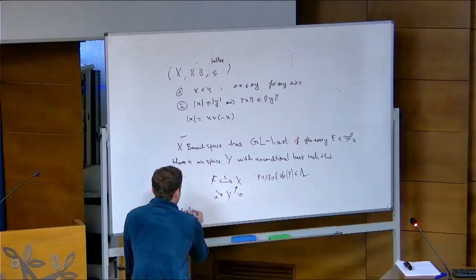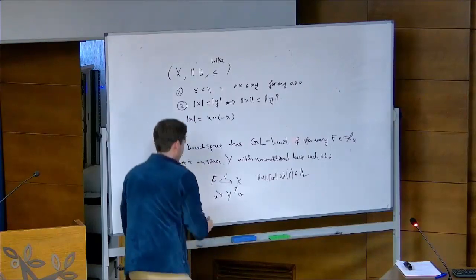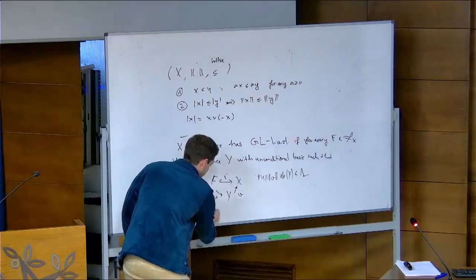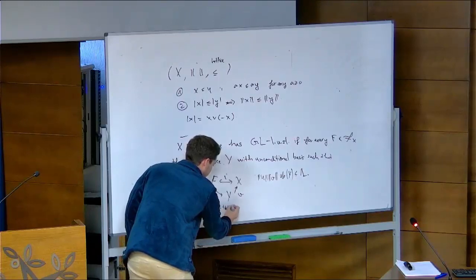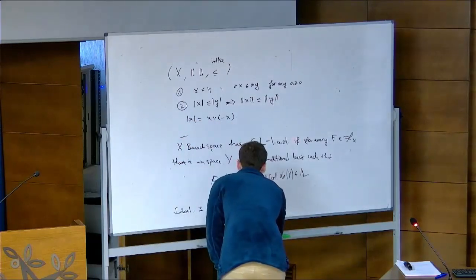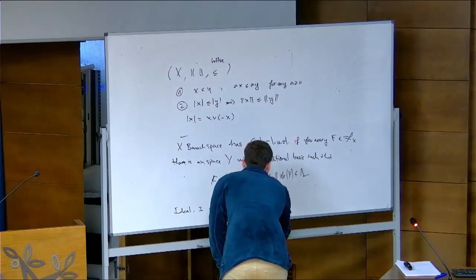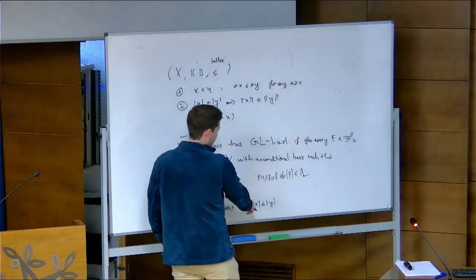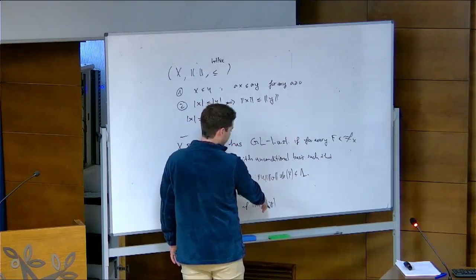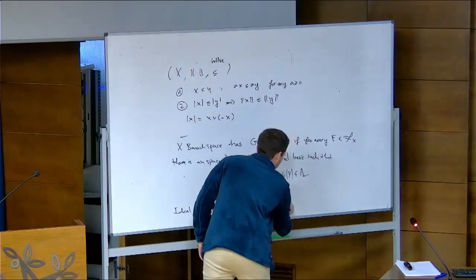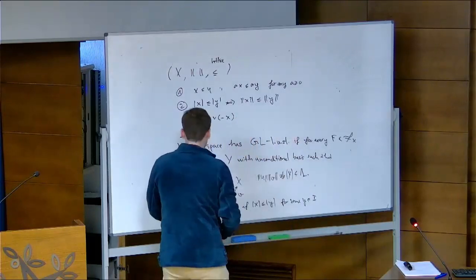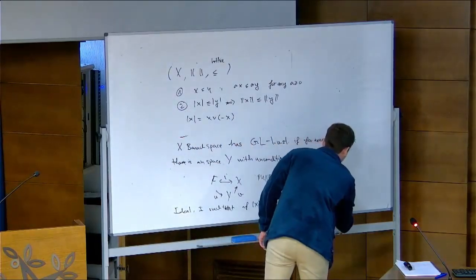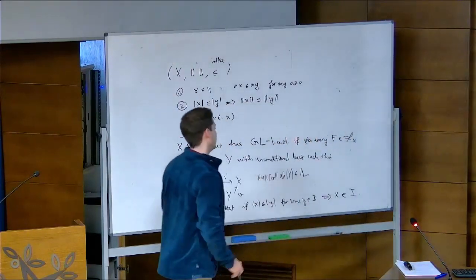An ideal in a Banach lattice is a closed subspace such that if the modulus of x is smaller or equal to the modulus of y for some y in the ideal, then x also belongs to the ideal.